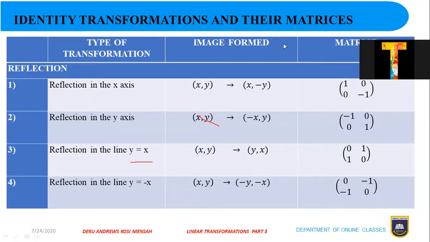Identity transformations and their matrices. Now, we have the type of transformation, the image formed, and the matrix.